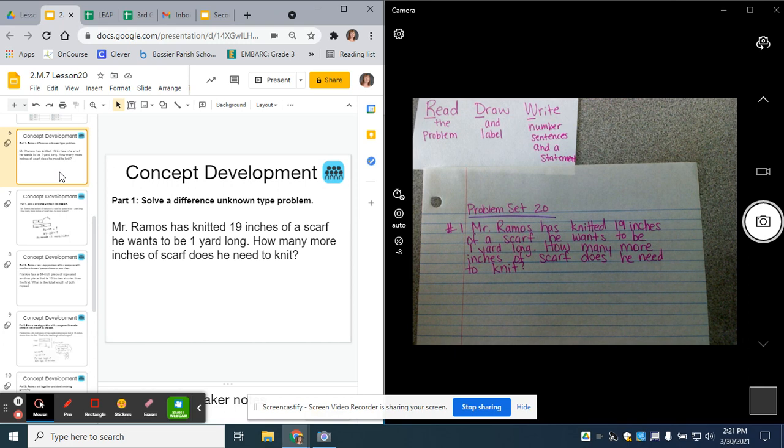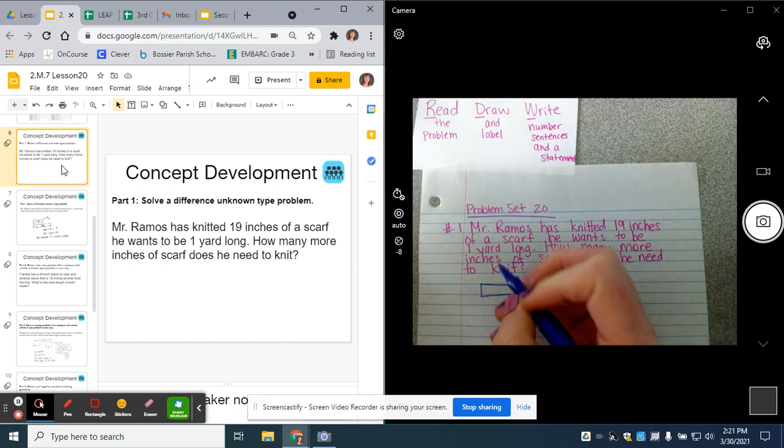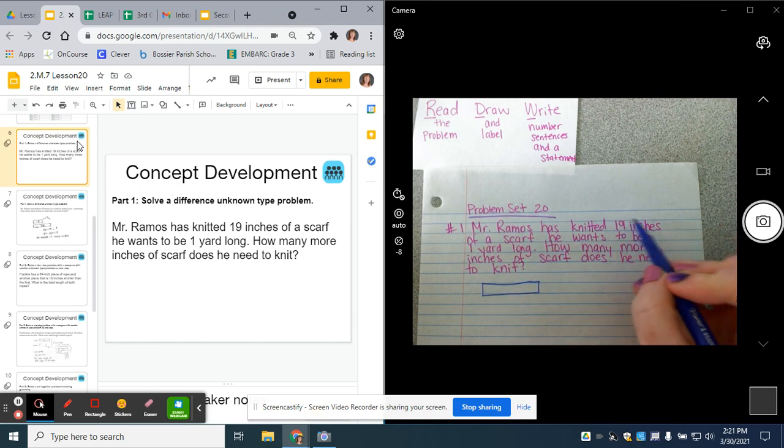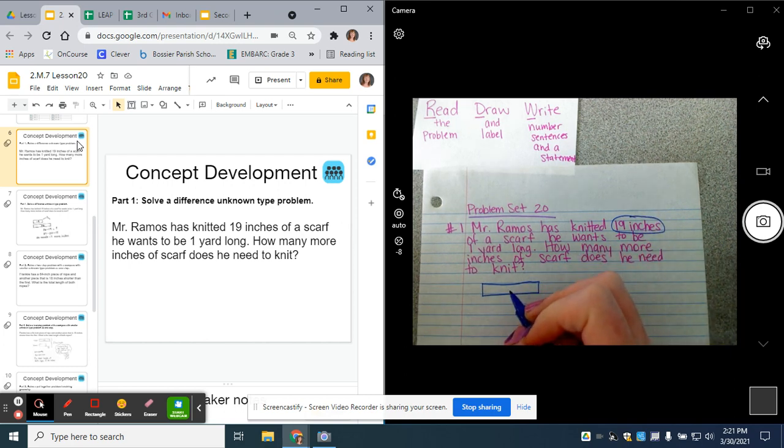All right, now I'm going to draw. I'm going to use blue. And I'm going to draw a tape diagram. I know that he has already knitted 19 inches. I see that right here. I know that he wants to knit 1 yard.